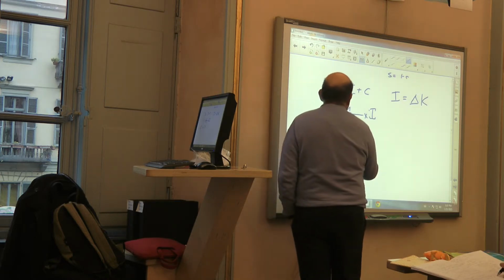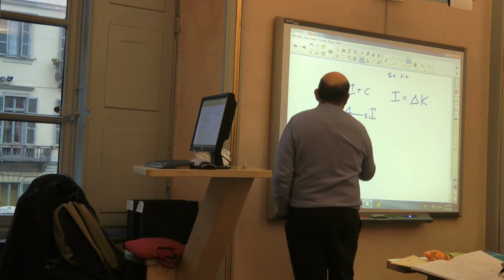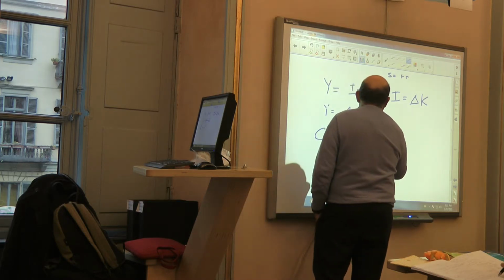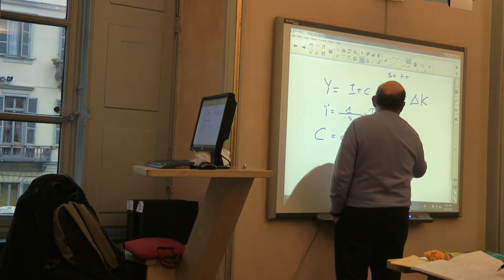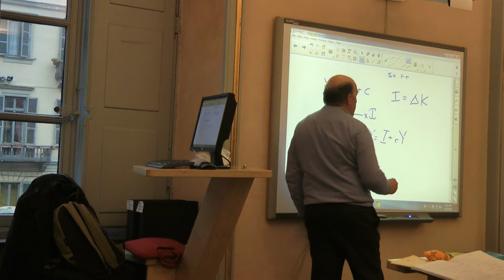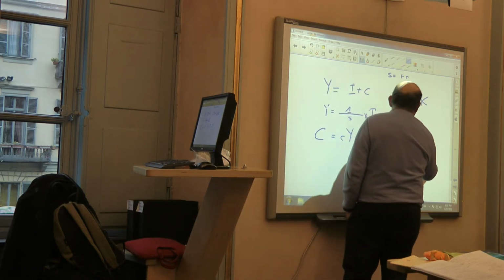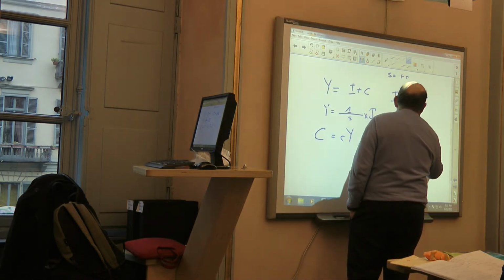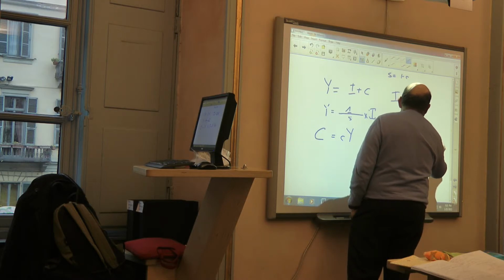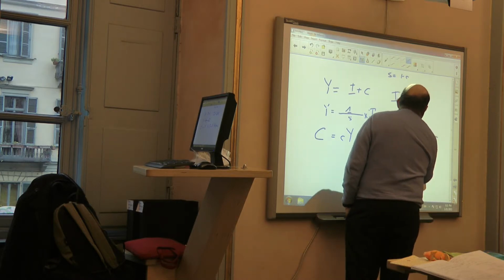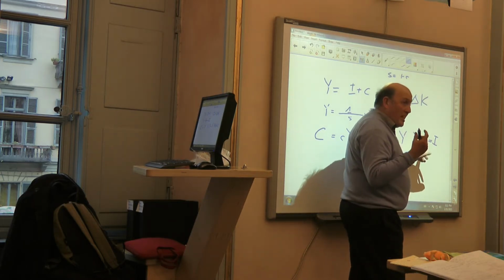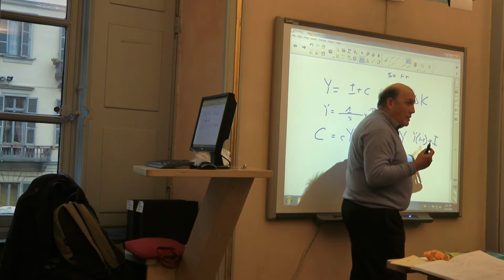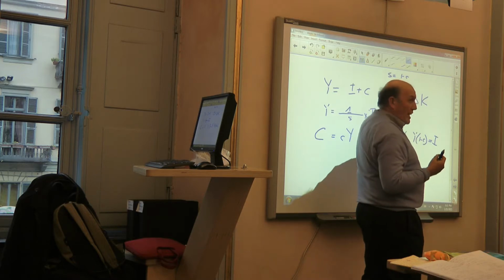So you put this here, you have Y equal I plus C times Y, right? Then this means Y times (1 minus C) equals I. If C is how much is consumed, the percentage, 1 minus C is how much is saved. So that's S, small s.